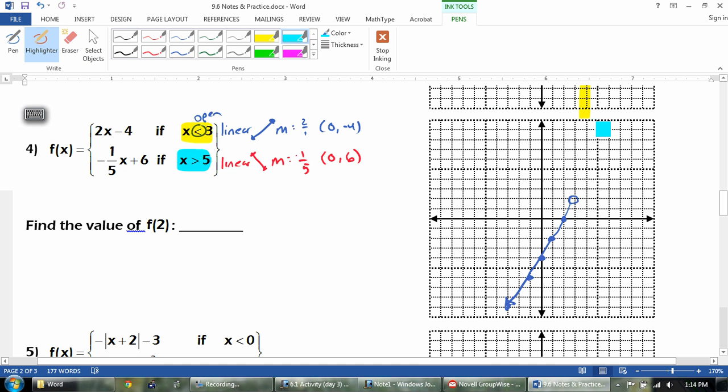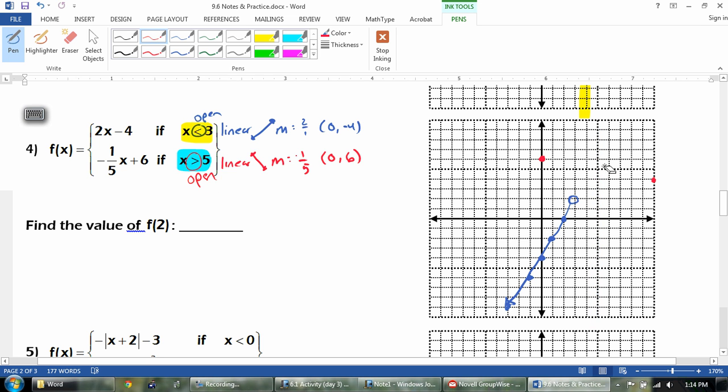Now, it's perfectly legal to have 2 different restrictions right here. So now my next one is at 5. Okay? See how I'm doing it in a different color now? I'm starting at (0, 6), so I got to start all the way up here, and I got to go down 1 over 5, down 1 over 5. Okay? But at this point, I am open.